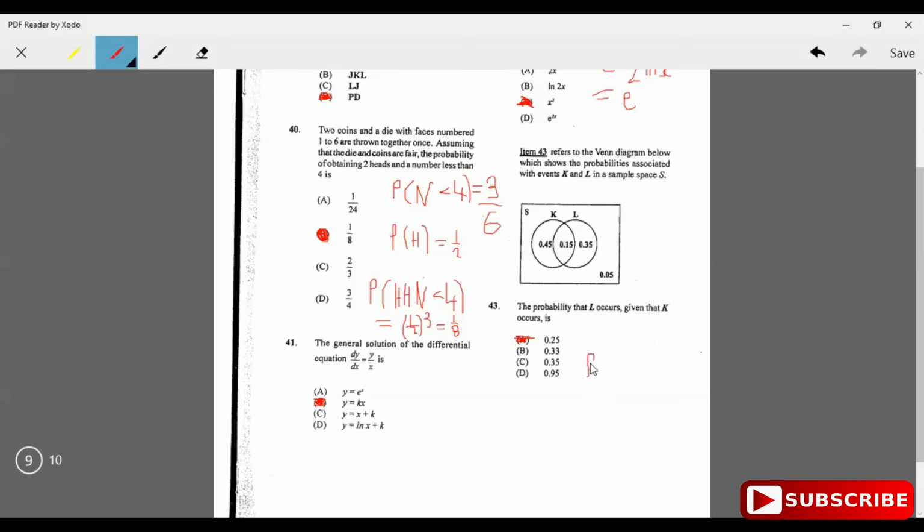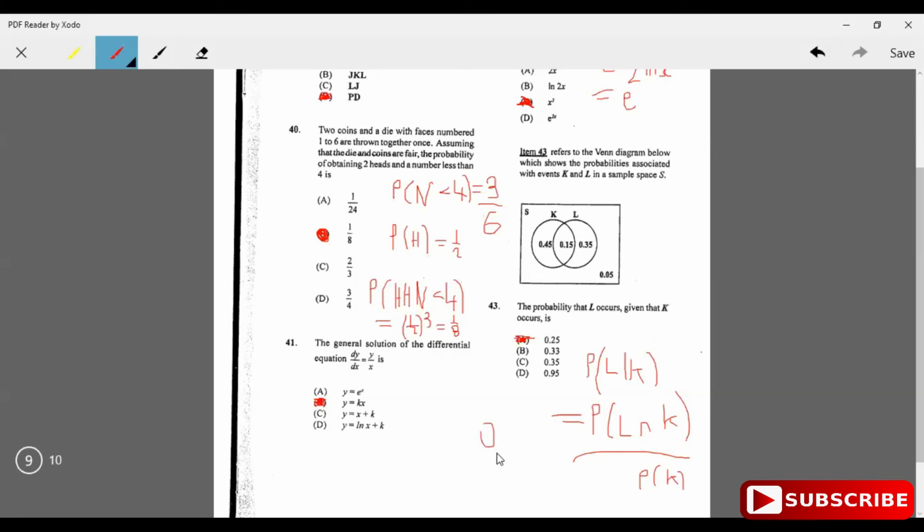It's a conditional probability, so it is the probability of L given K. That's going to equal the probability of L intersect K over the probability of K. L intersect K is 0.15.